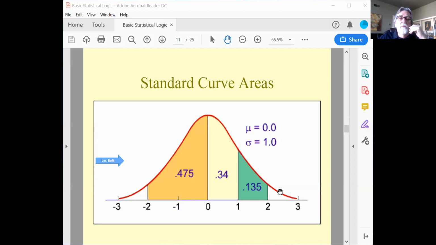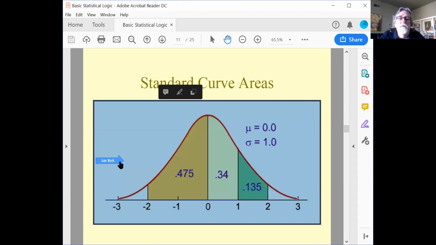Standard area curves means that about 34% of the cases, or the area under the curve, lies between 0 and 1 standard deviation unit up, and 0 and 1 standard deviation unit down. And about 13.5% of the cases, these are not exact numbers, lie between 1 standard deviation unit and 2 standard deviation units.